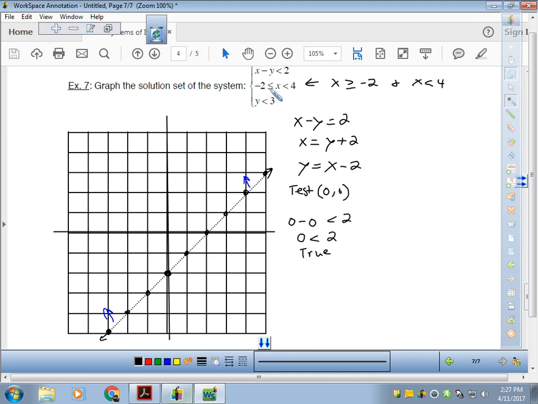Now this one, because it has an equal to, it's going to be a solid line. This one, because it's just a less than, is going to be a dotted line. So at 4, 1, 2, 3, 4, we're going to have a dotted line going up and down. And then at negative 2, we'll have a solid line.